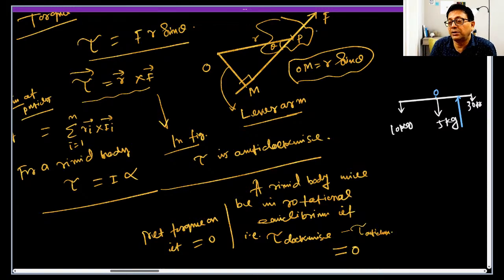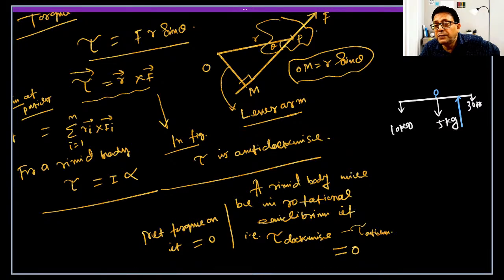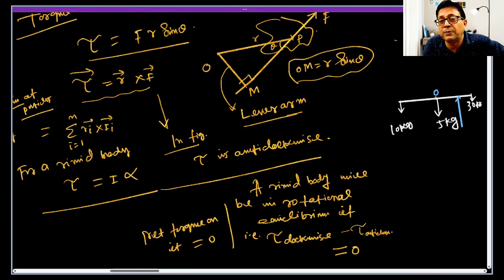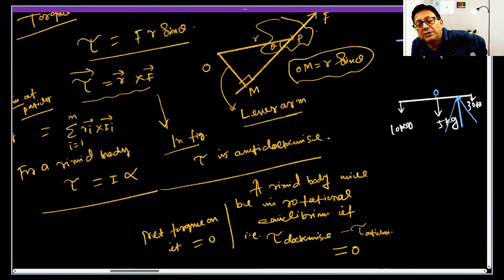It will not rotate. It will be fixed. If you pivot it at the midpoint, normally for a rod with no weight suspended, this is the rod, to keep it in equilibrium the pivot will be here. But in this problem, you have to keep the pivot at some point like this, not at the midpoint. Then it will not be in equilibrium because unequal weights are acting over there.